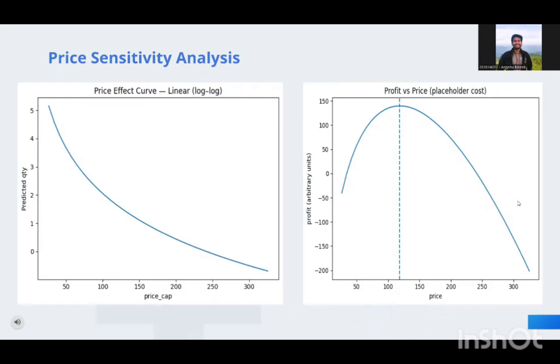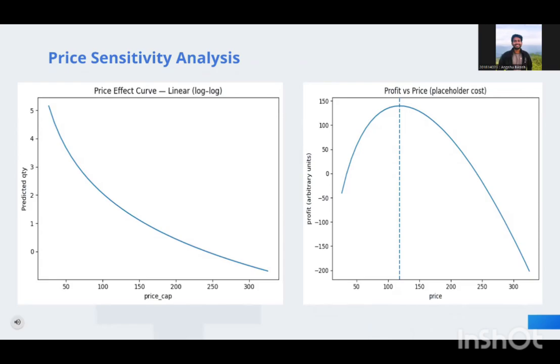Now, in the next slide, here you can see the price and profit curves. Using our base model, the log linear regression model, we simulated two curves. On the left, the demand curve comes from the standard economic logic that higher price reduces demand, and on the right side, the profit curve peaked at $118, indicating the optimal price point under the assumed cost.